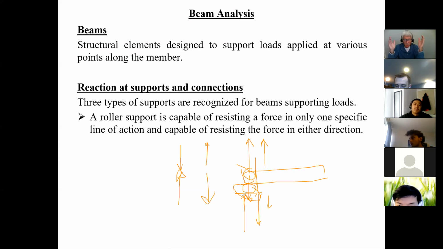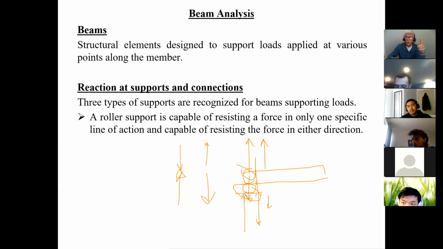Does anybody have any idea what I meant? Like, in other words, here's my ruler, and all of a sudden I let go. What does that mean? There are no supports. There are no reactions. You follow? In other words, there's no support, so there's no reaction.